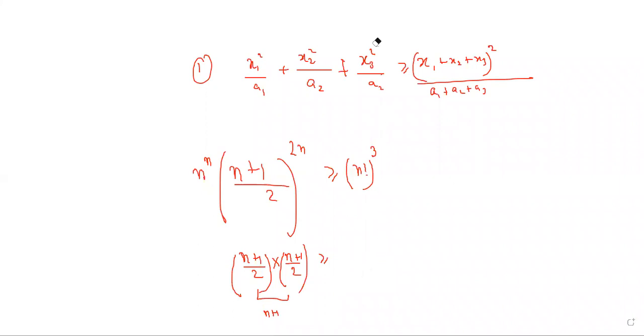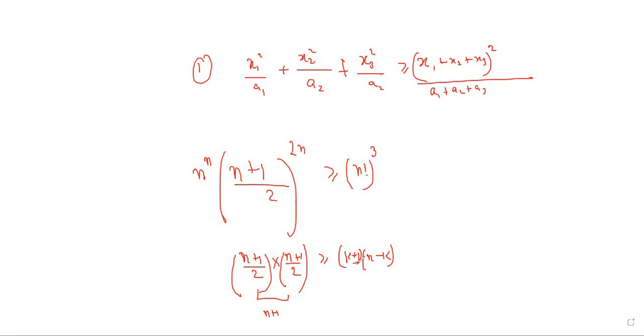Maybe I should do k minus 1 times n minus k, or k plus 1 times n minus k. You see, the sum on both the sides is n plus 1 of the factors, but the product maximizes when the factors are equal.